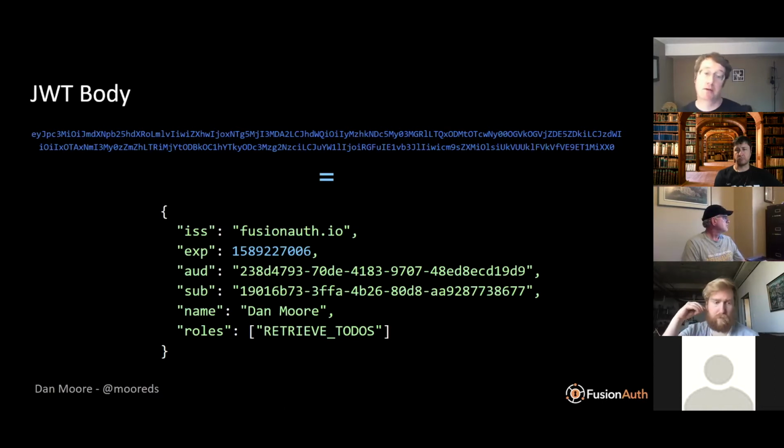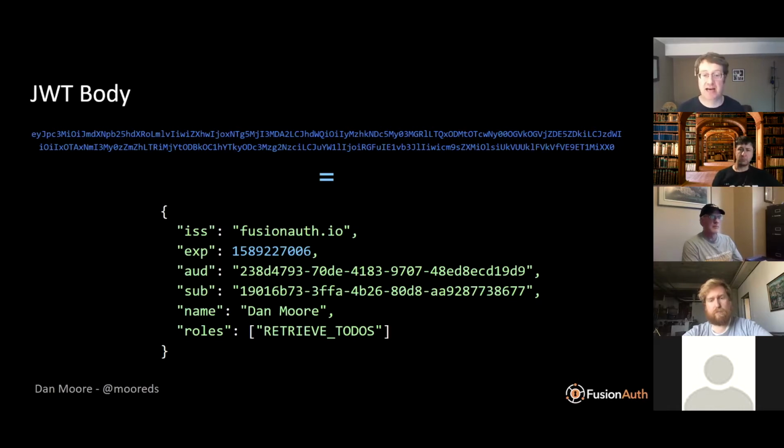The sub claim is the actual user that this JWT is for. And then we have other claims like name and roles. One thing that's worth noting here is that the aud and the sub are both GUIDs, right? And the reason for that is actually an implementation detail of FusionAuth. It doesn't have to be that way. It's not in the specification.